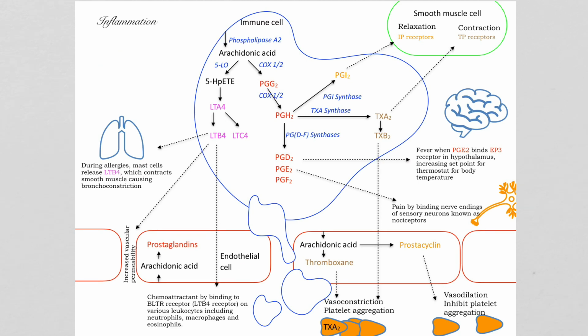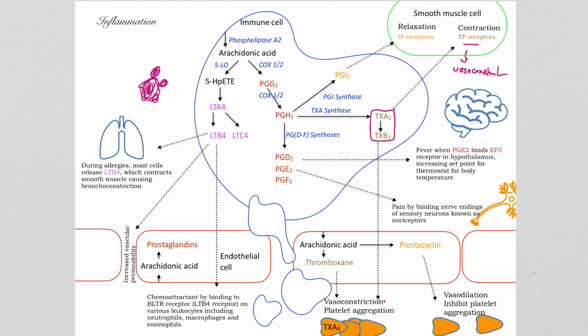So for example, if there is some infection, some bacteria that has entered the tissue that triggers inflammation, then we have eicosanoids such as thromboxane, which go to the smooth muscle and cause contraction, and that causes vasoconstriction.